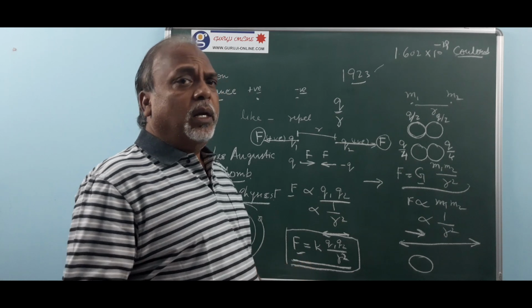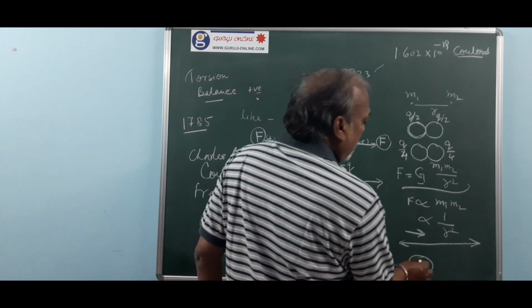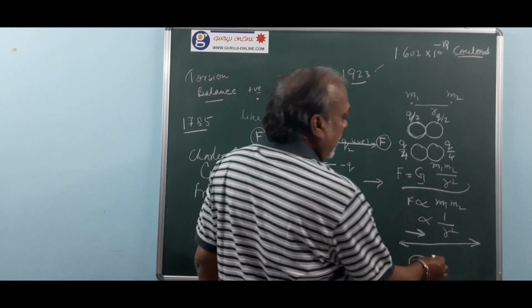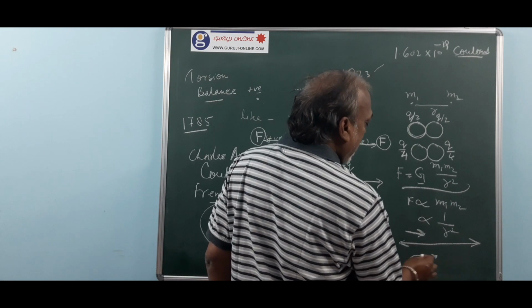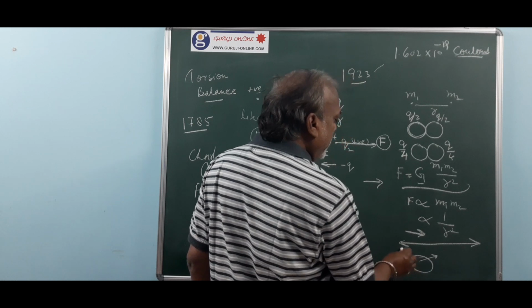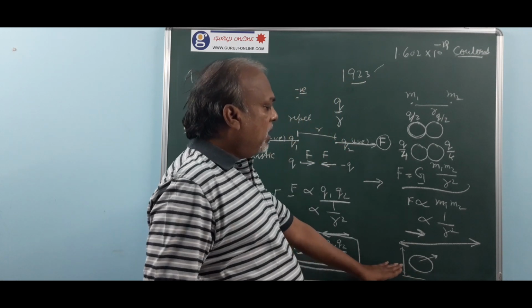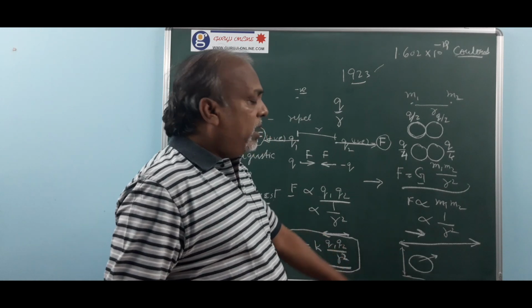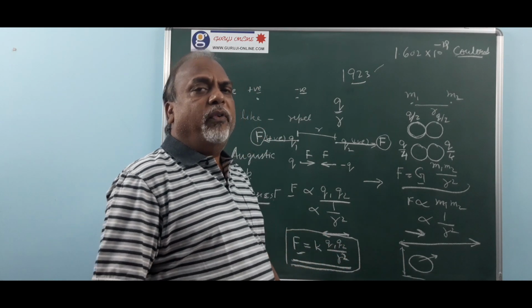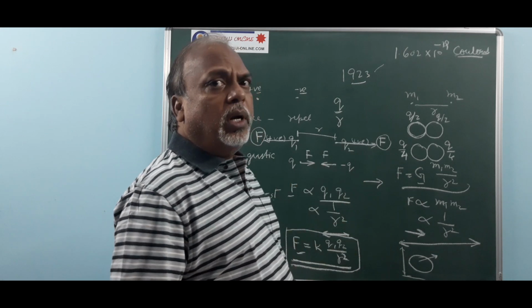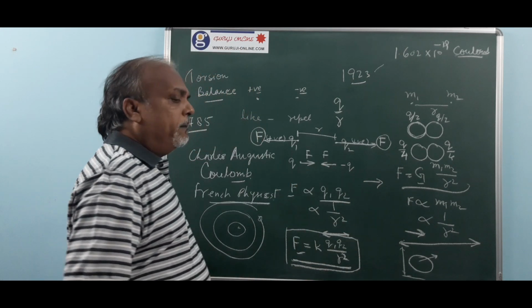There, Einstein's theory took place, superseded this, and is what we study in quantum physics. So for microscopic things, we basically go for quantum physics. And for the macro level, of course, the Newtonian law is correct.